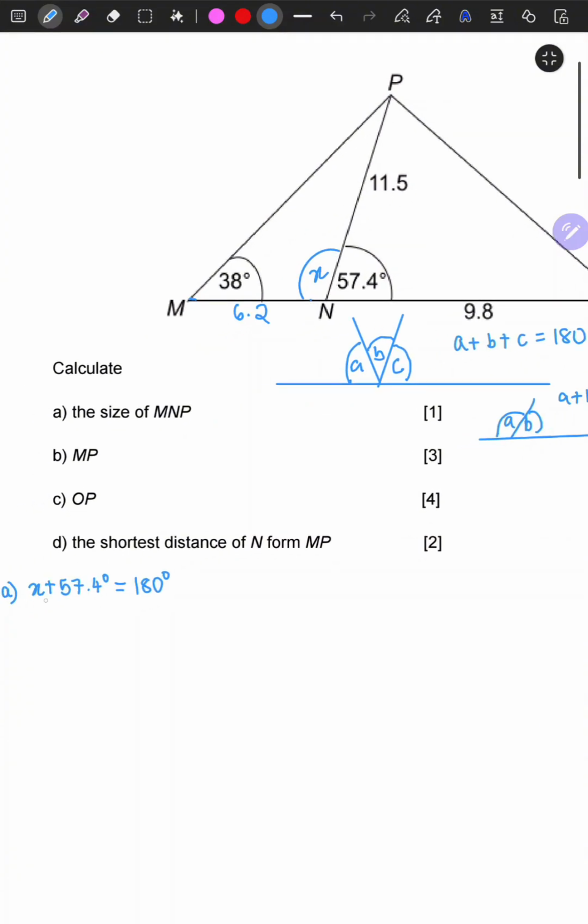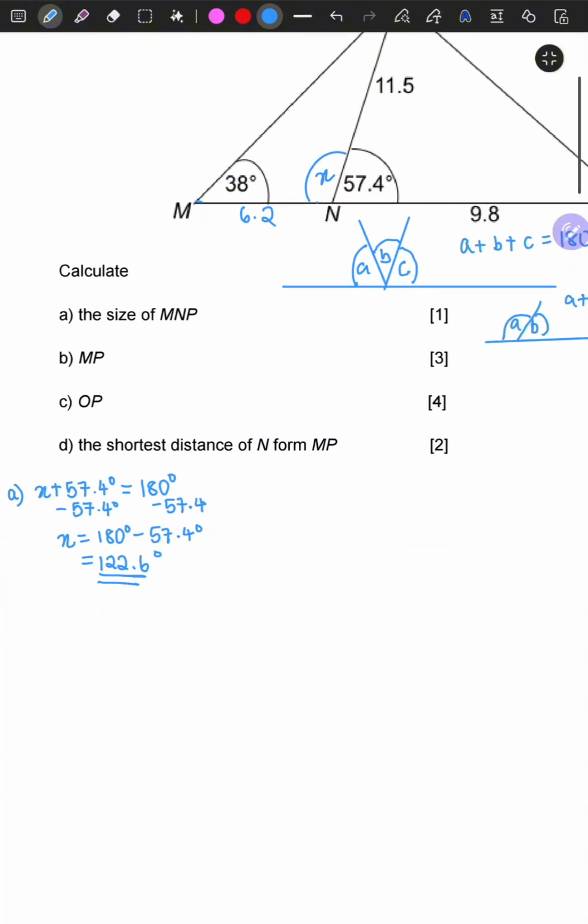We want to calculate what X is, which is the angle MNP, right? So we're going to say minus 57.4 to take this 57.4 to the other side. We end up with X is equal to 180 degrees minus 57.4 degrees. Putting it into the calculator will give me 122.6 degrees, and that's how you earn your mark.